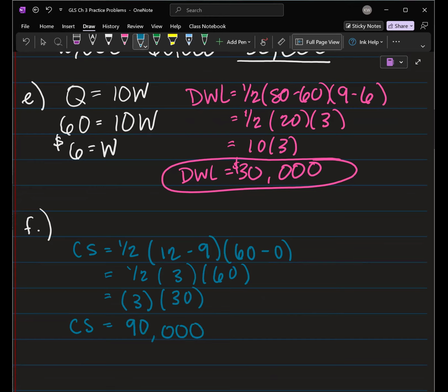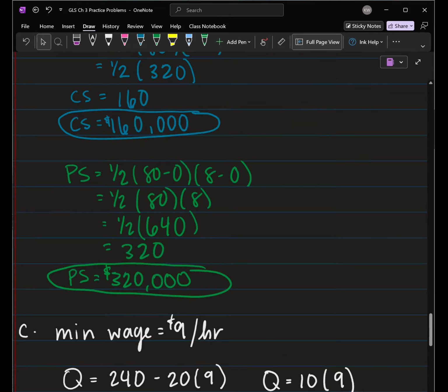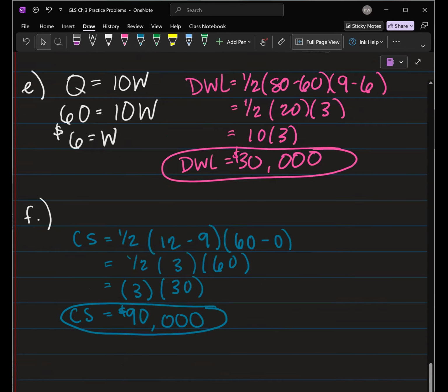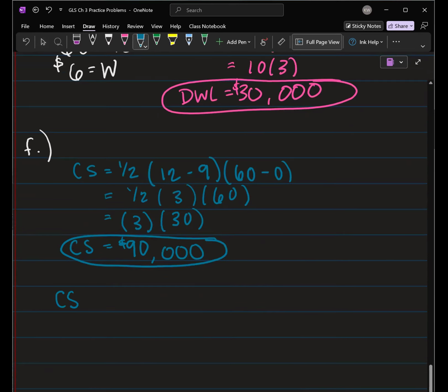Multiply that by 1,000, since the quantity is measured in thousands. And we have consumer surplus of 90,000. Previously, our consumer surplus in equilibrium was 160,000. And under the minimum wage, it's only 90,000.